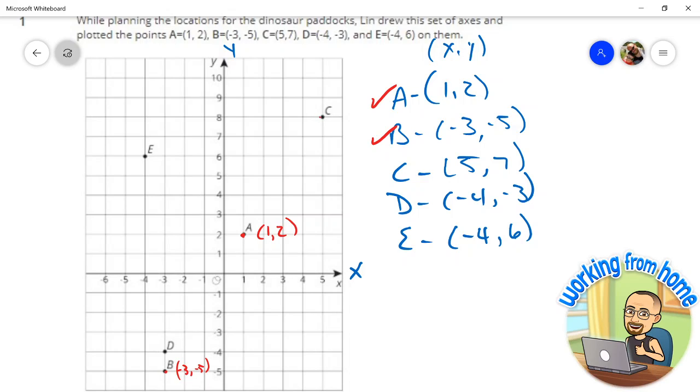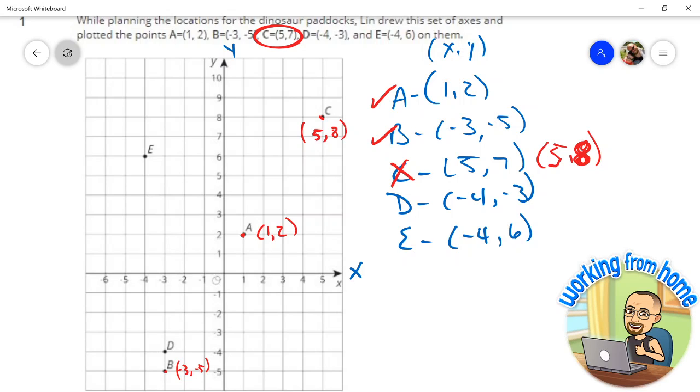C. X is 5. Y is 8. 5, 8. Does that match? Oh, this says 5, 7. So let's go back up. 5, 7. If it was 5, 7, it would be down 1. So that is no good. No good. 5, 8. It's a different kind of 8. There we go. Okay.